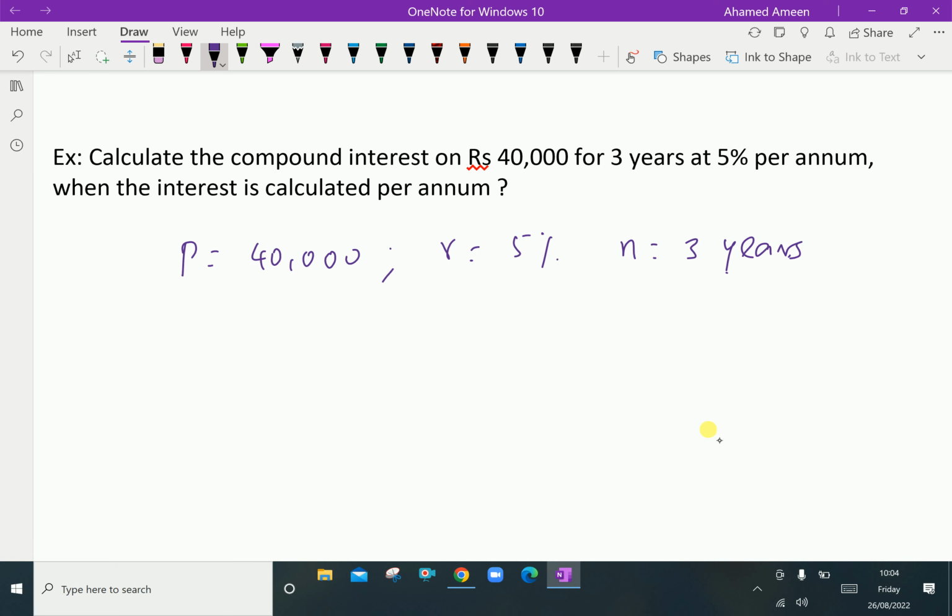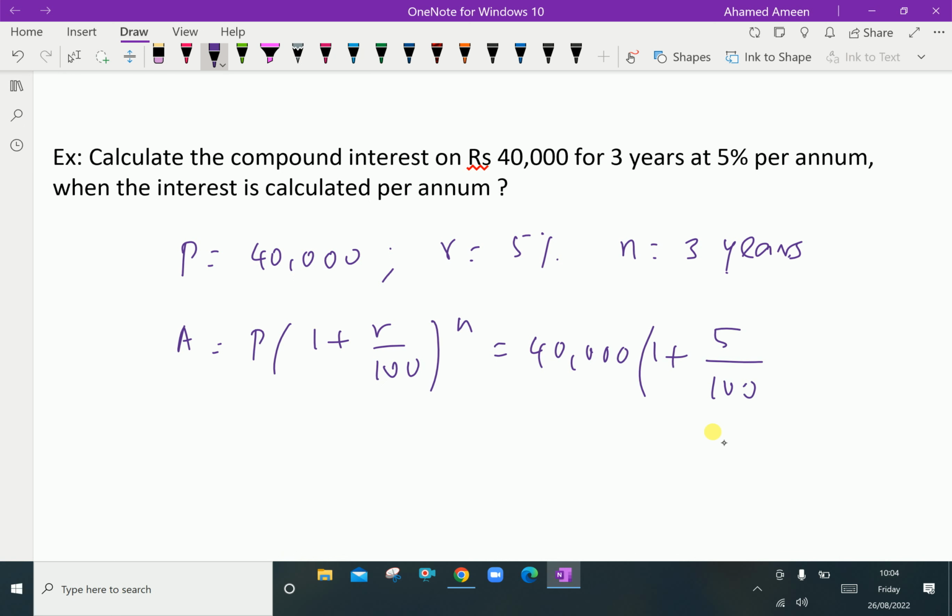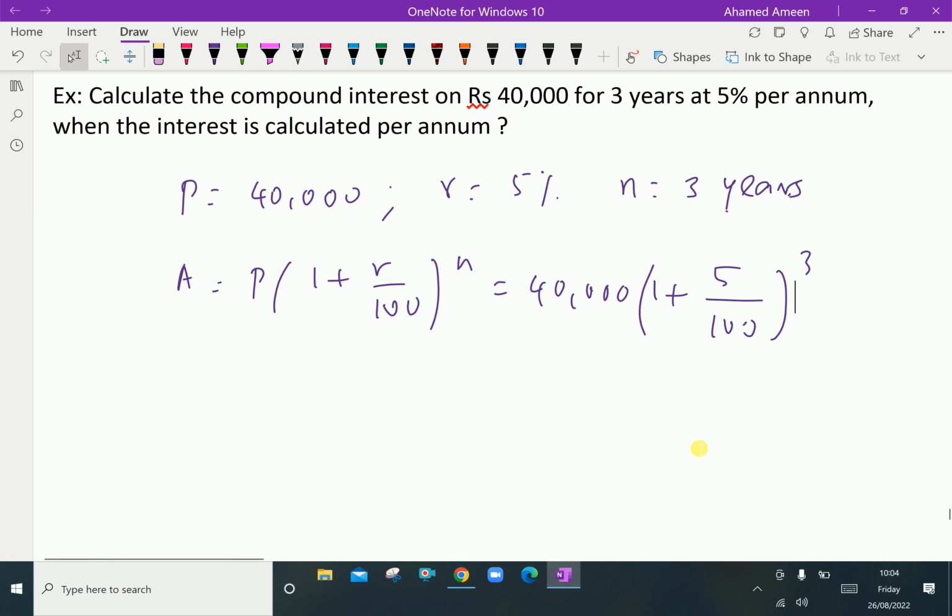The amount A equals P into 1 plus R upon 100, power n, which is 40,000 into 1 plus 5 over 100, power 3.